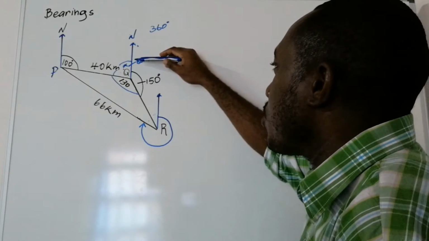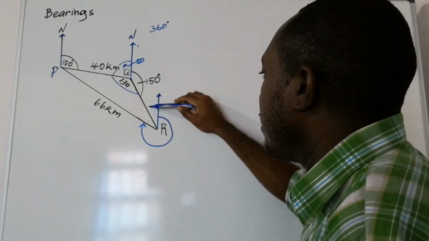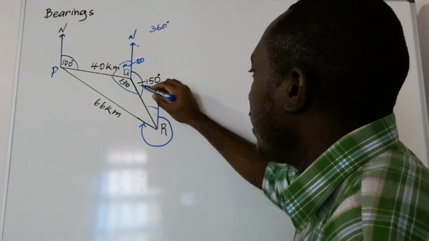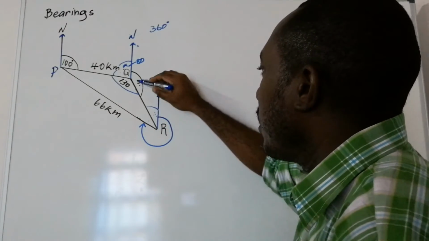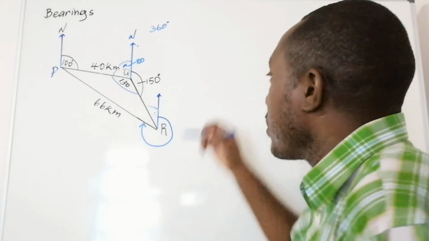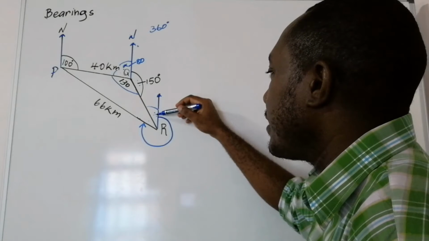And we said once we have two parallel lines, the sum of these two angles will always be 180. So 150 plus this one will give us 180.